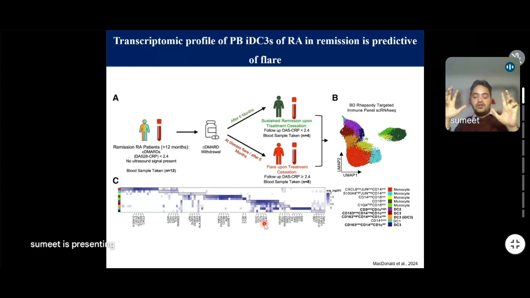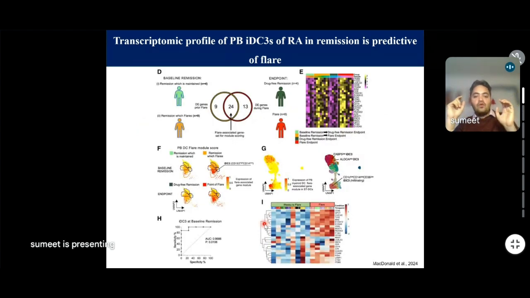Now, if we perform this multi-omic type experiment, we can look into which genes are differentially expressed in the patients who are in drug-free remission, meaning these patients are not taking any drug and still they are in remission.